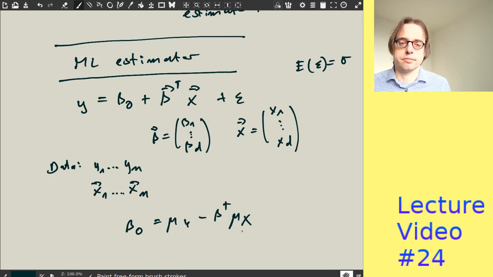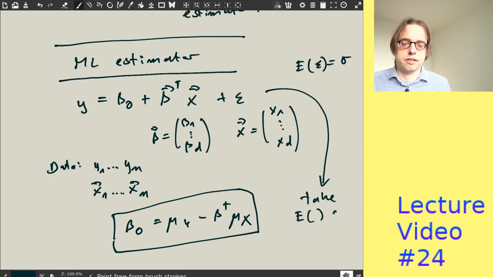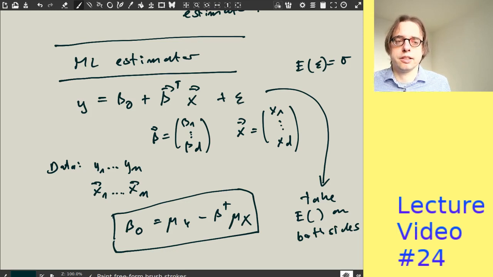We just take the expectation E on both sides, and you get this because we know that the expectation of epsilon is 0.